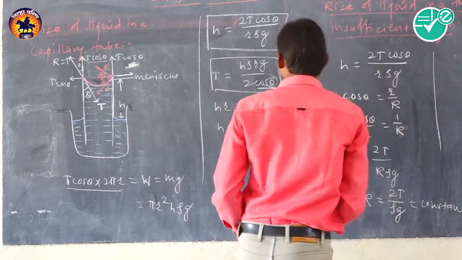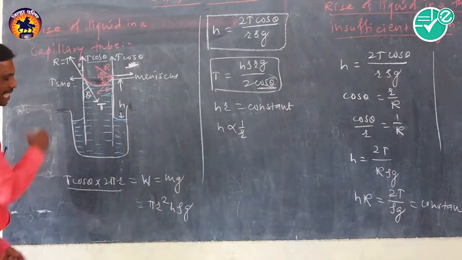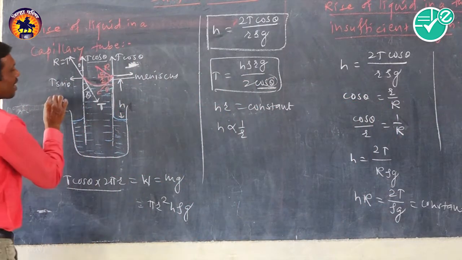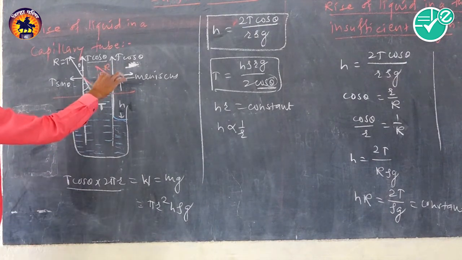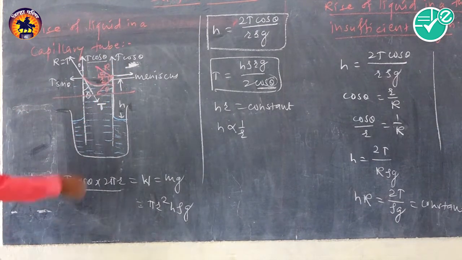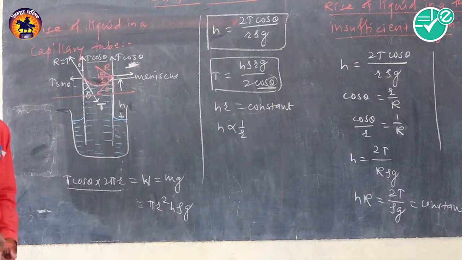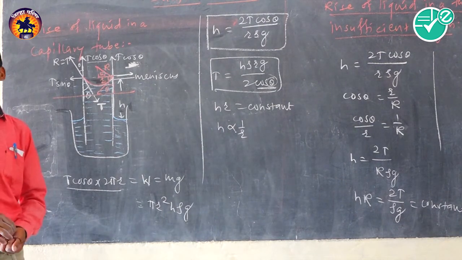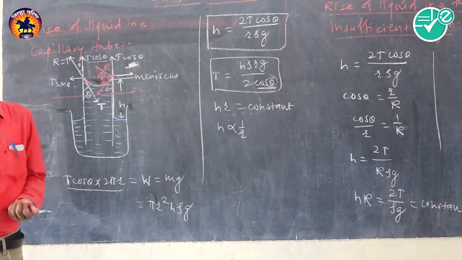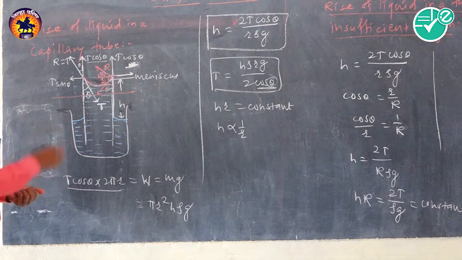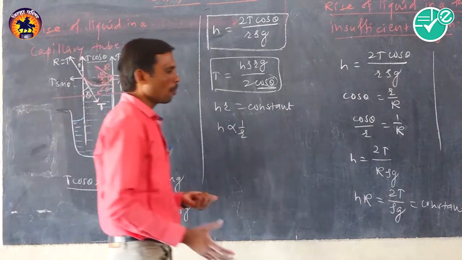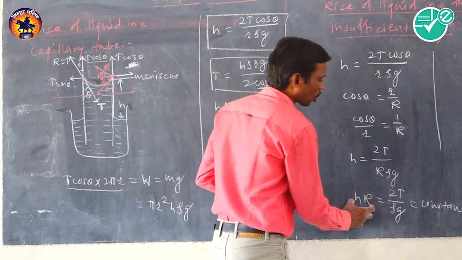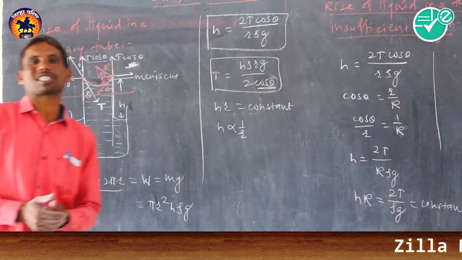Now consider the glass capillary tube that is cut some distance below the liquid meniscus. In this case, what happens? Does the liquid overflow? It is found that the liquid never overflows, because the product of HR remains constant.